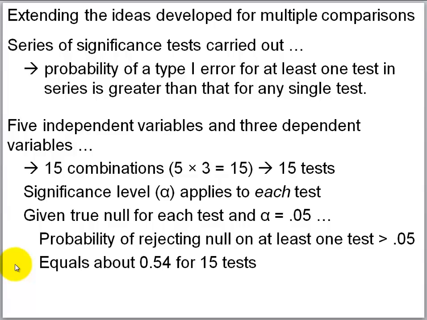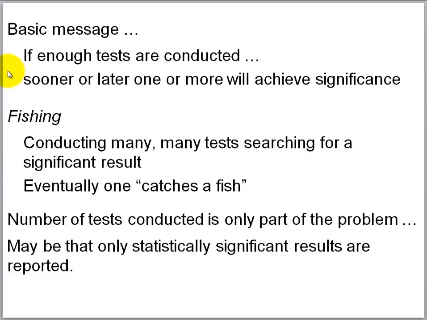Even though that's so, if you use the 0.05 level, you've got about a 50-50 chance of rejecting the null on at least one of those tests. So the basic message in a research study is that if enough different statistical significance tests are carried out, sooner or later, one or more will achieve significance.